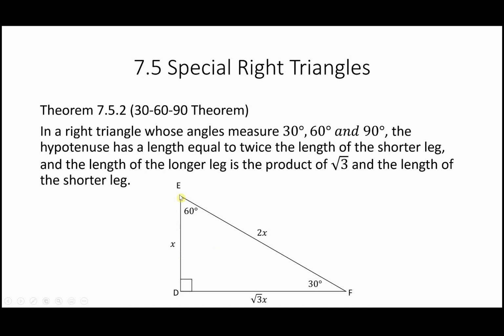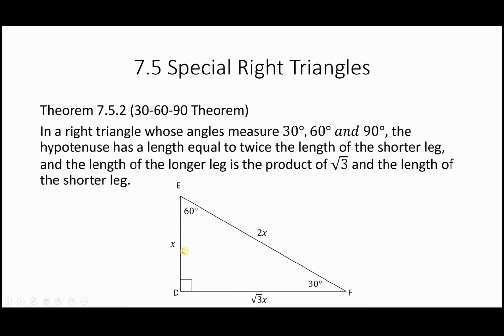So if you know the length of your shorter leg, which is always opposite the 30-degree angle, there's a relationship there. It's already been alluded to a little bit with the inequalities of a triangle section that was in a previous chapter. The shorter leg is always opposite the 30-degree angle. The longer leg is root 3 times that shorter leg length of X, and the hypotenuse is always double the shortest leg, okay?